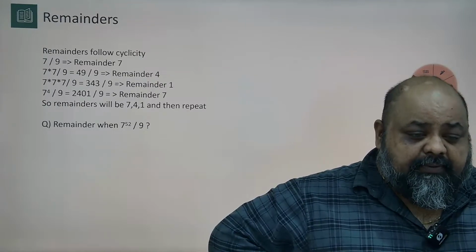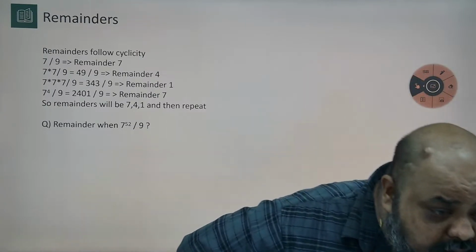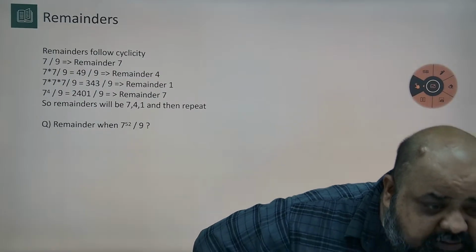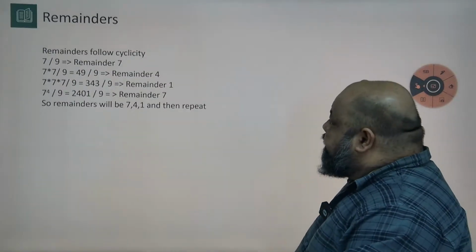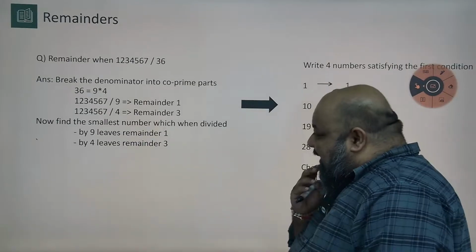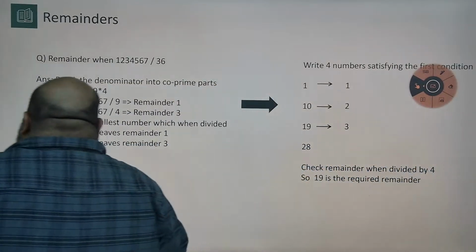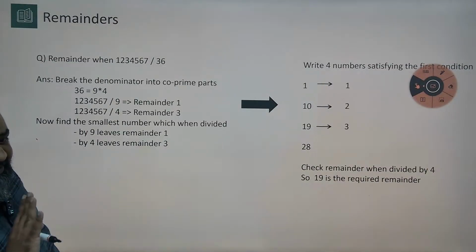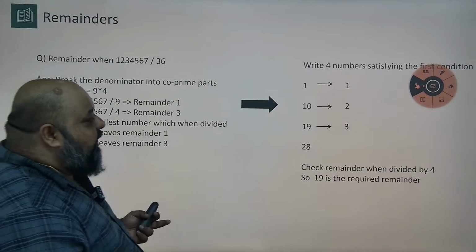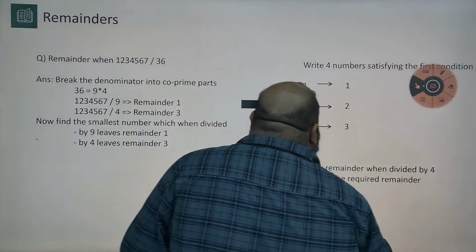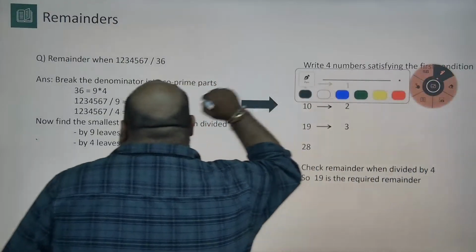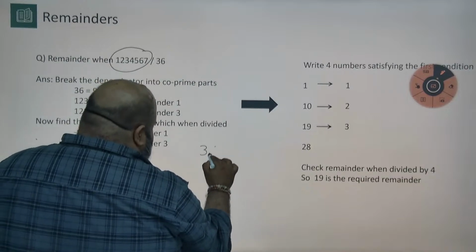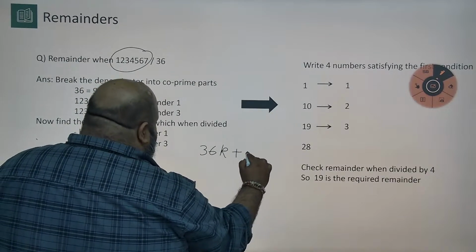So keep that up. And yeah, could you please explain why the remainder of 19 in the previous case? See, follow this concept. You will always get the answer, right? But if you want to know why, this number is of the form 36k plus some remainder, right?